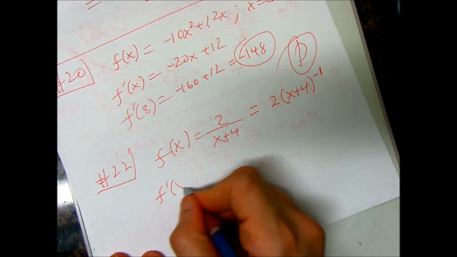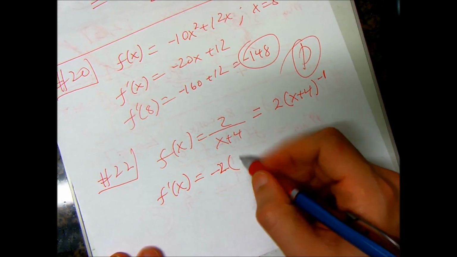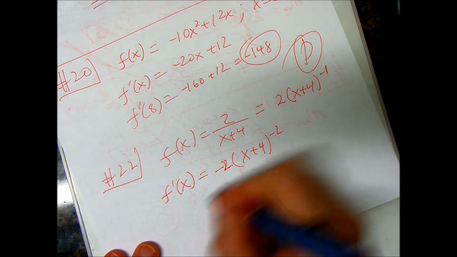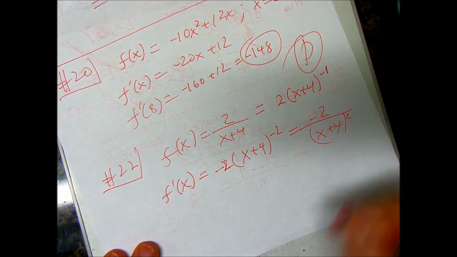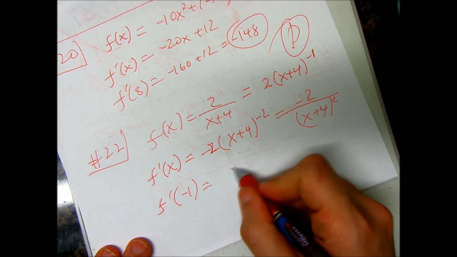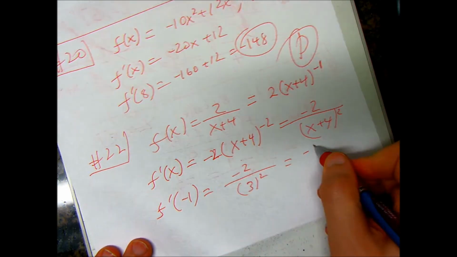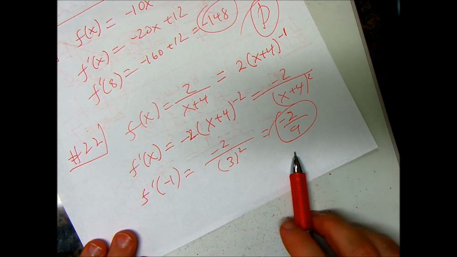So f prime of x is negative 2 times x plus 4 to the negative 2. All right? And then we can write this as negative 2 over x plus 4 quantity squared on the bottom. So f prime of negative 1 turns out to be negative 2 over 3 squared, which is negative 2 over 9. So the slope of my tangent line is negative 2 over 9. Looks like B.